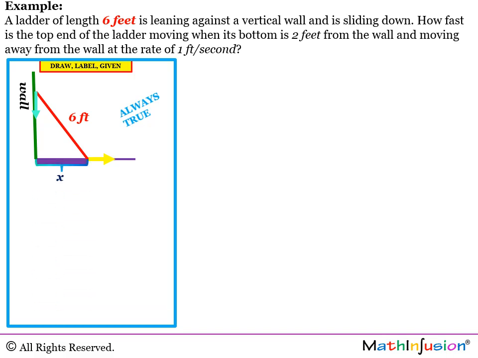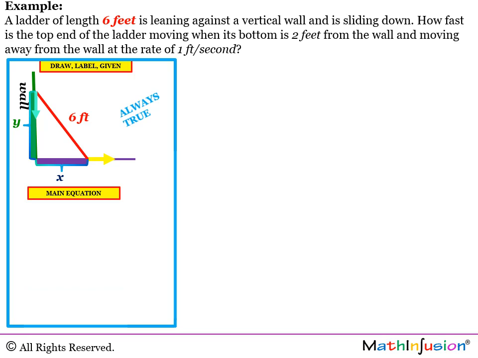We're going to label this by x, so x is going to be the distance from the wall to the bottom of the ladder. And this is going to be y, which is the distance from the floor to the tip of the ladder.